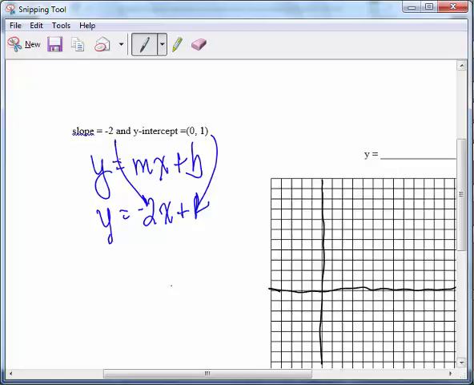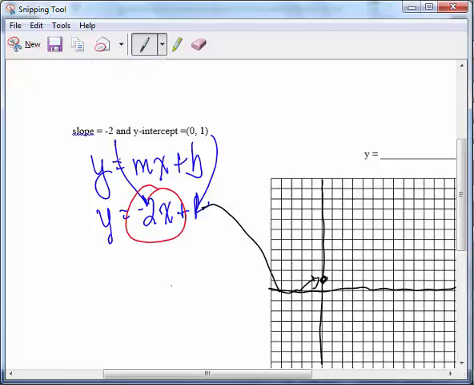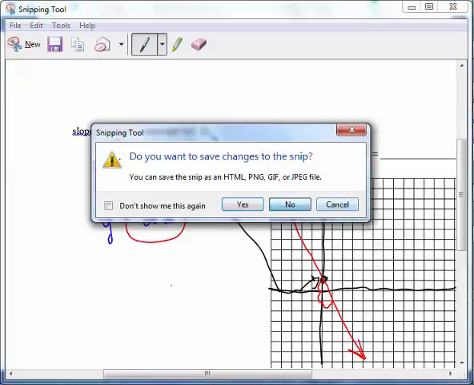The intercept is 1, and our slope is negative 2. So from there we're going to go down 2, forward 1, and so our line is going to be like that. Next one.